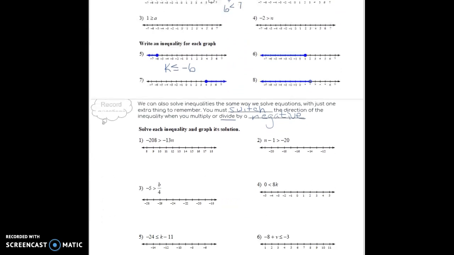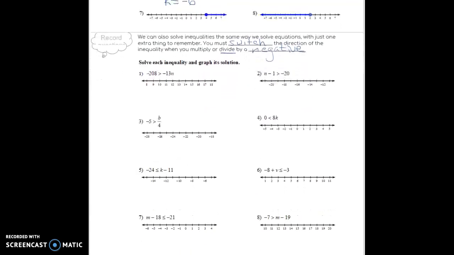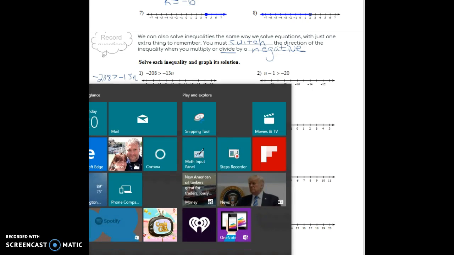So for these things, I need to solve first and then graph. Solve first, then graph. So this first one, I have -208 is greater than -13n.